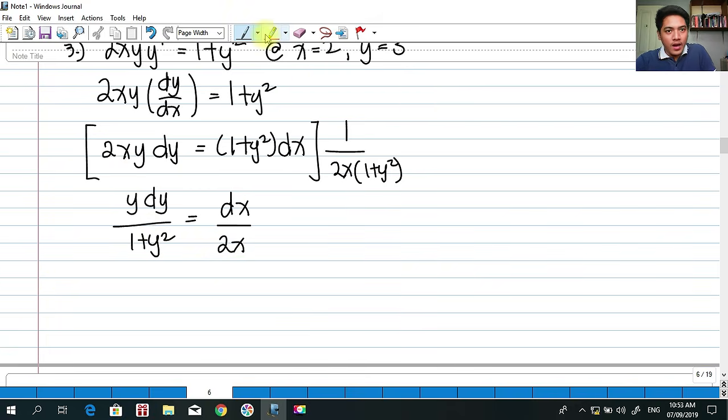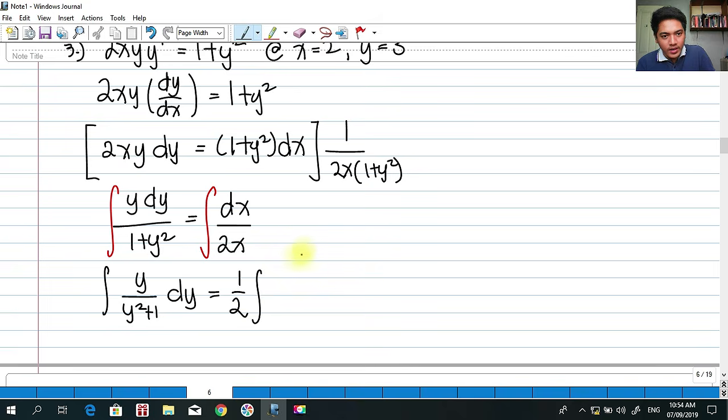The next step again is to integrate both sides of our equation. Upon integrating, we shall eliminate the dy and dx here. So we have the integral of y over y squared plus 1 dy, and we can factor out 1/2 outside of the integral sign, so that this is dx over x.